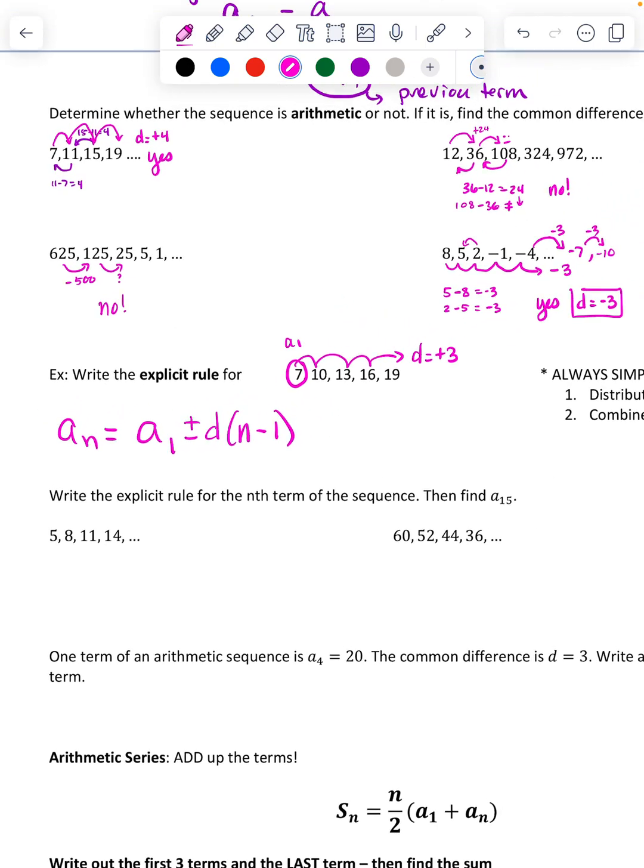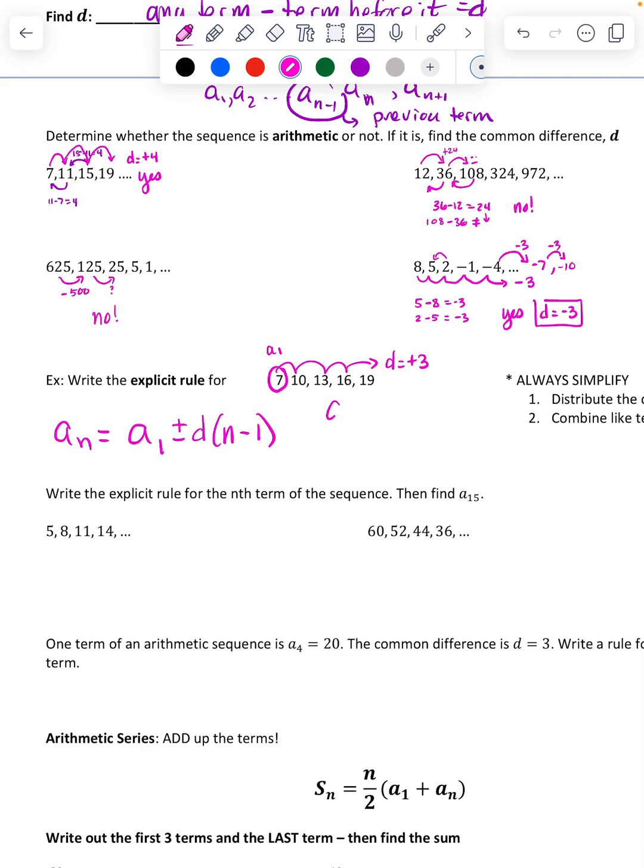So when I go to write the explicit rule, a sub n stays as an unknown, like y equals. You're saying to find any term, take the first term, which is 7, add the common difference, which is 3, and the number of times you're adding it is n minus 1.